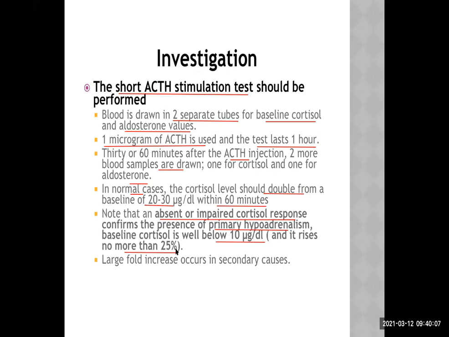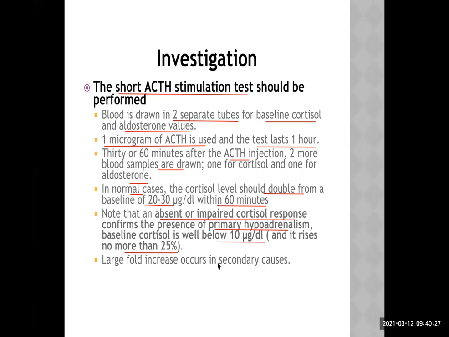In this case, the adrenal gland is damaged. So even after the stimulation, it will not produce cortisol. This we need to prove, and this proof is provided by the short ACTH stimulation test.